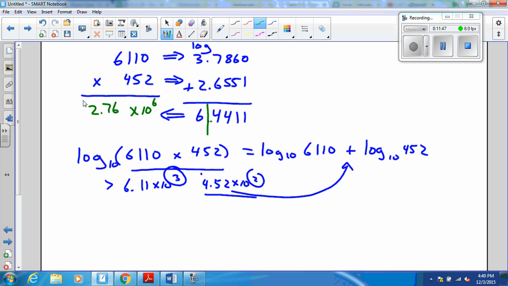Let's actually check this just to see if we did it right. If I pull up my handy-dandy calculator, forgetting for a moment that we're living in the BC era, then according to my calculator, the product of 6110 and 452 is 2761720.